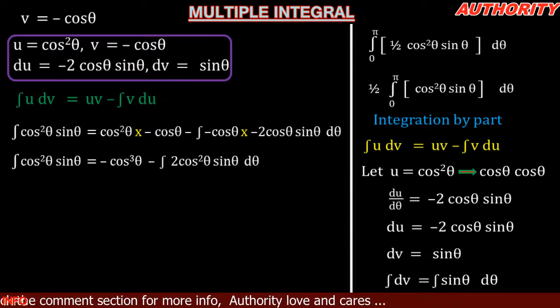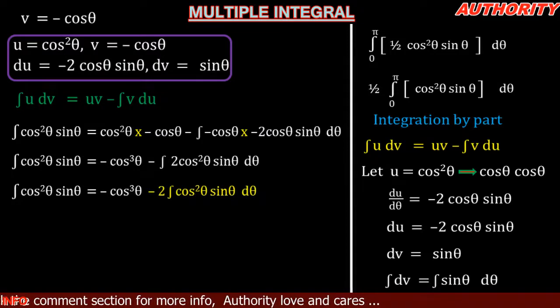So take a look at this. The left hand side is the same as the second part of our right hand side. On the left hand side, we have the integral of cos squared theta sine theta, and in the second part of the right hand side, we have the integral of 2 cos squared theta sine theta. Now let's take this second part to the left hand side.